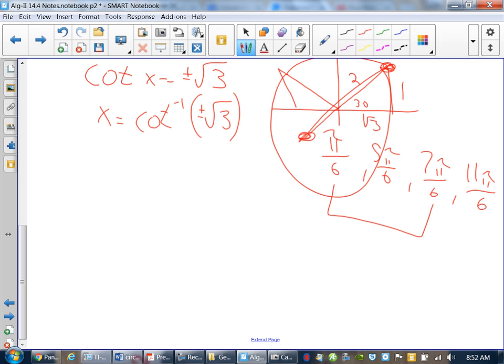In this case, you're trying to make the answer as basic as possible. So it would be pi over 6 plus pi n and 5 pi over 6 plus pi n. So we don't need to do that extra work, like finding the 7 pi over 6 and the 11 pi over 6.